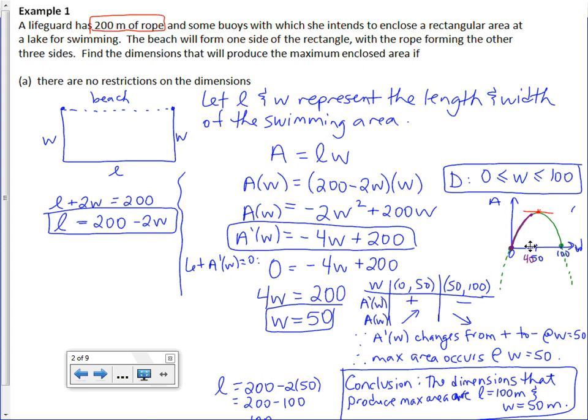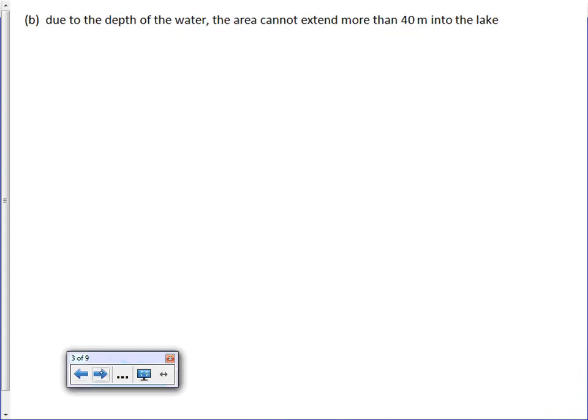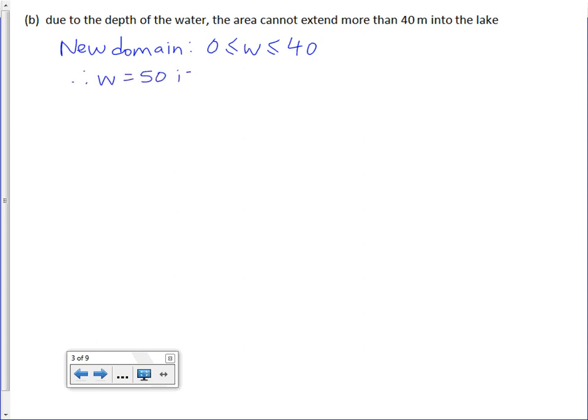So that's the idea. So the new domain based on this restriction is 0 less than or equal to W less than or equal to 40. So therefore W equals 50 is extraneous.